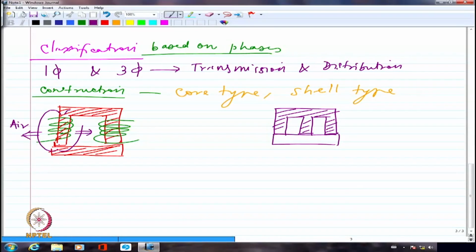Fine? So I may have the winding rather put up only here in the central portion. So I may have primary and secondary both put up only in the middle portion, which means on either side I'm going to have iron surrounding it.